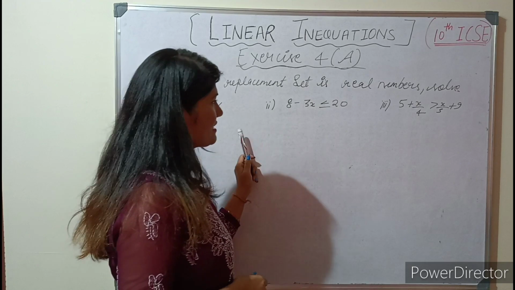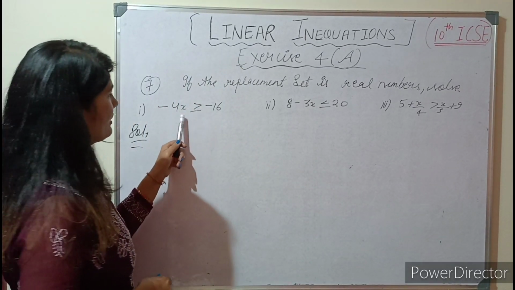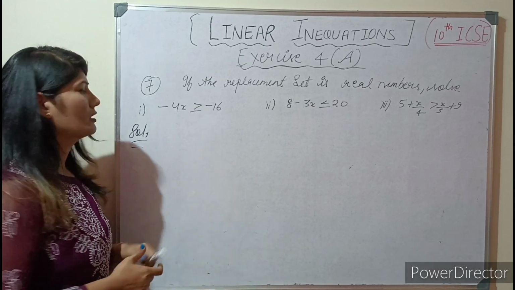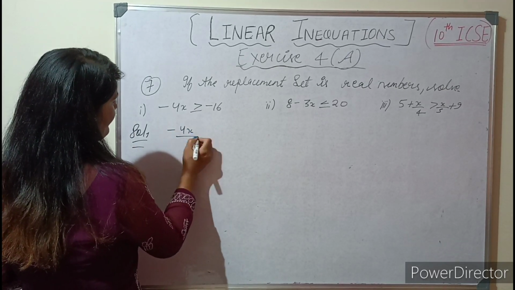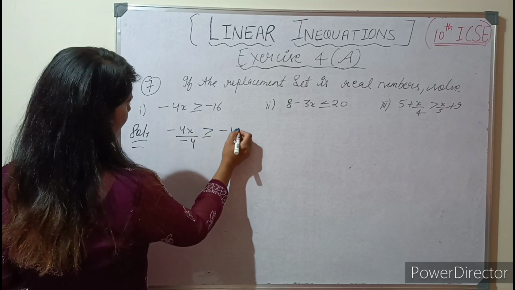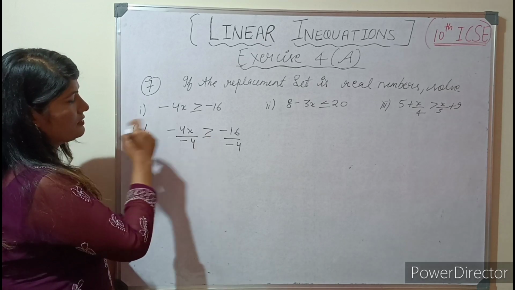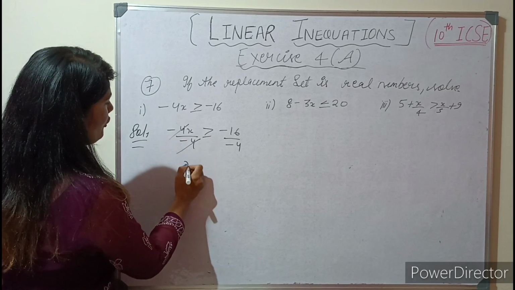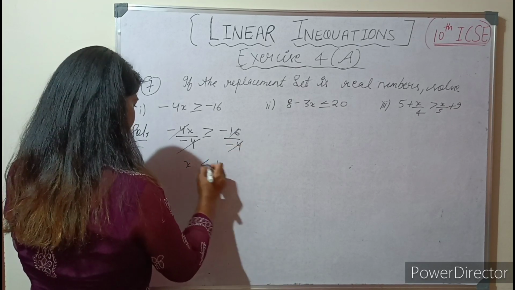If the replacement set is real numbers, solve the first part, minus 4x more than or equal to minus 16. So let's start solving the first part. So here if you divide by minus 4 both the sides, dividing by a negative number will change the sign. So here this cancels out, but here the sign will be changed, and this is 4.